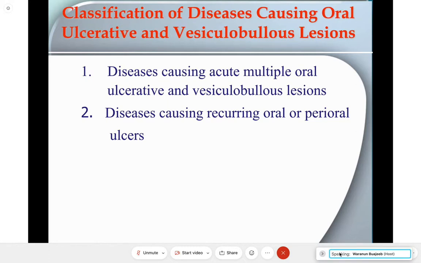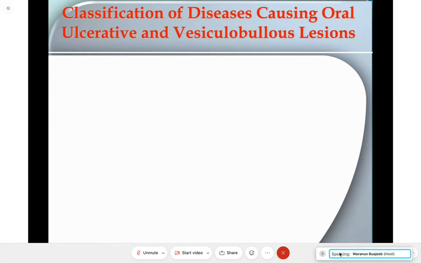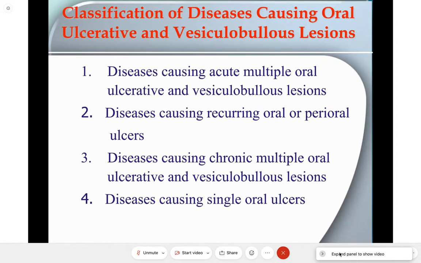The first group, diseases causing acute, multiple oral ulcerative and vesiculobullous lesions. You can see the difference between each group, acute or chronic.